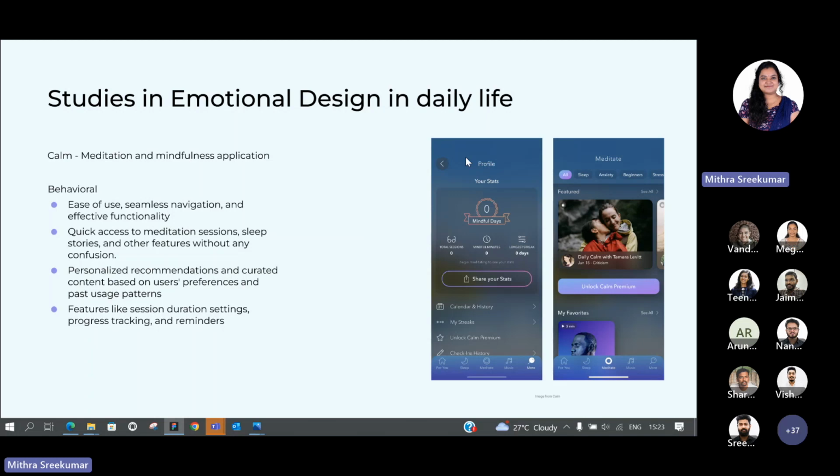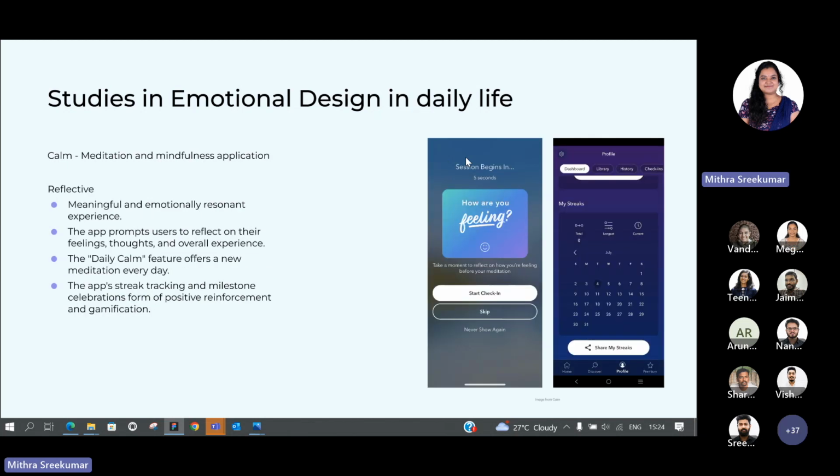So it is easily accessible for the user. And also the personalized recommendations. These all create that positive connectivity with the application. Also, features like duration settings, tracking, etc., help the user get into that calm emotion state.